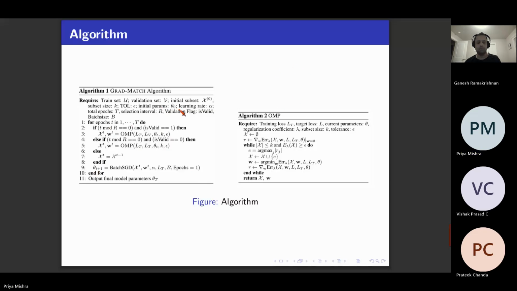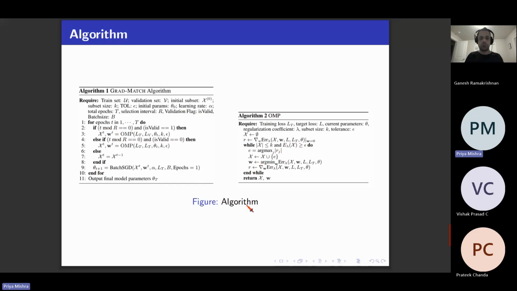And how we are selecting the subset is basically using the OMP algorithm. In the OMP algorithm, we start with the subset as a null set, and then of course I introduced an error term. This is the gradient of the error term, and here mod x, the number of elements in x, is less than or equal to k, and the error function is less than or equal to epsilon, meaning they are also introducing break terms.